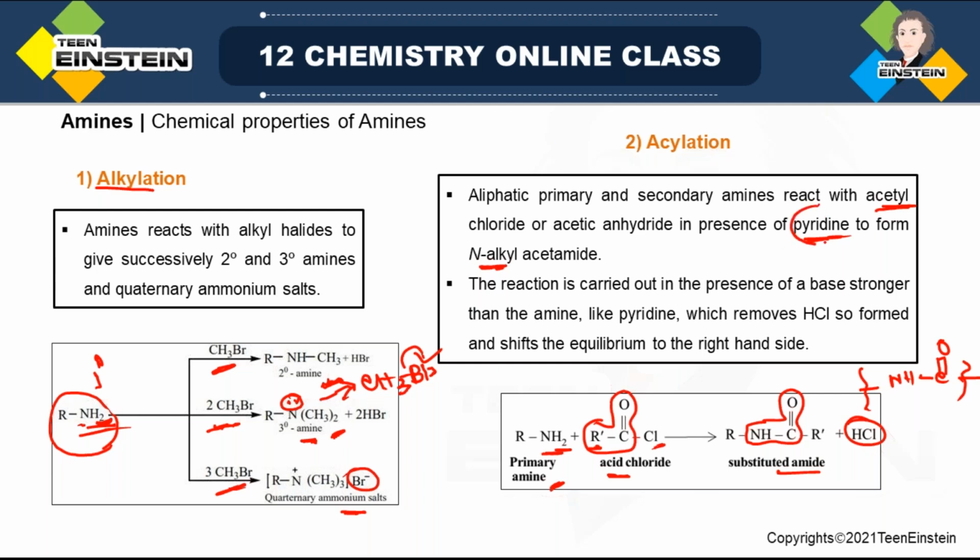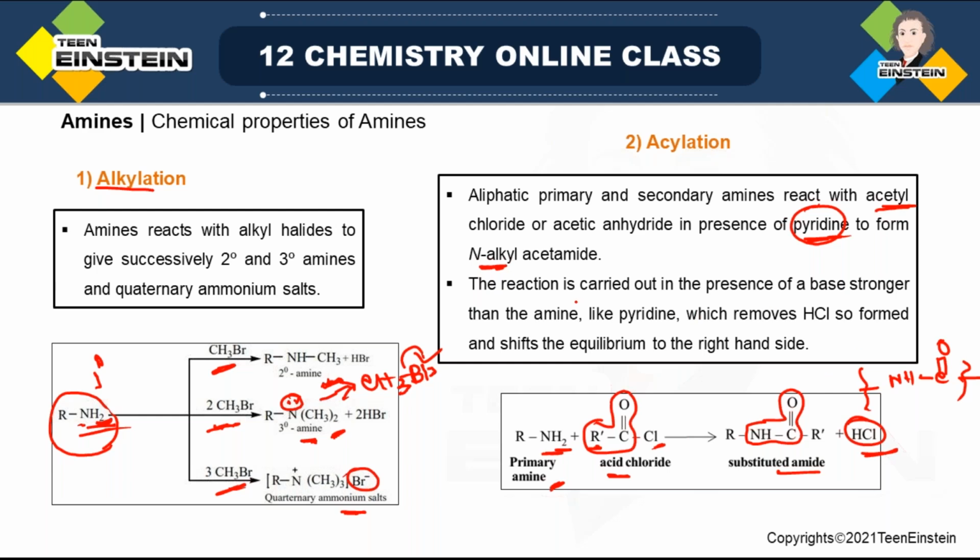So that is the reason we are using some base, because if this side product is consumed by pyridine base, the equilibrium will be shifted from left hand side to right hand side. So we can get more product.